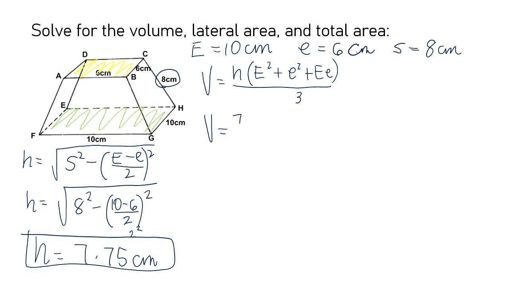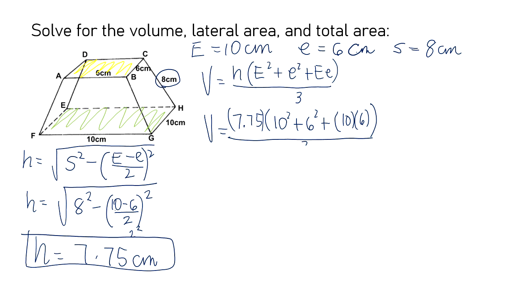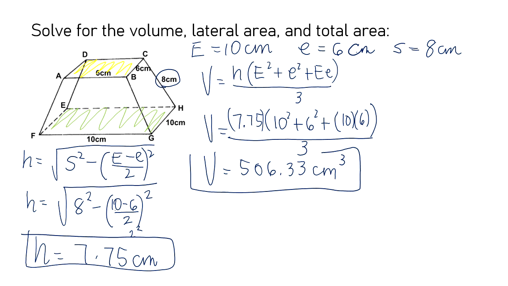This is now 7.75 times 10 squared plus 6 squared plus 10 times 6, all over 3. Now, simplifying this, we get 506.33 centimeters cubed or cubic centimeters.